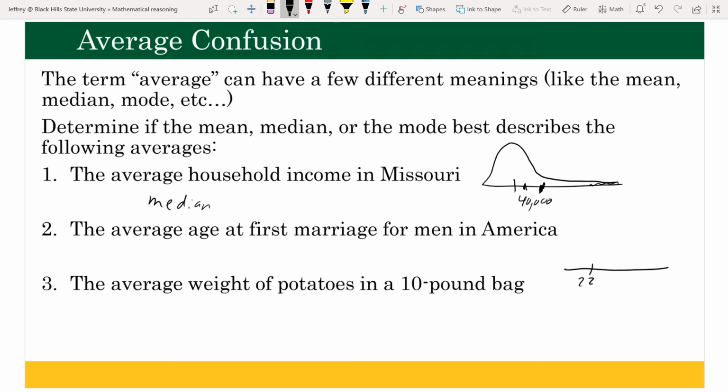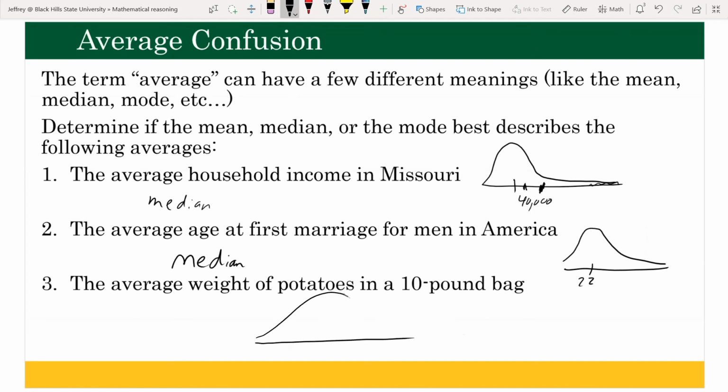However, you can't really go a whole lot lower than 20. So again, this will end up being a right skewed distribution. And I would again use the median as the average.